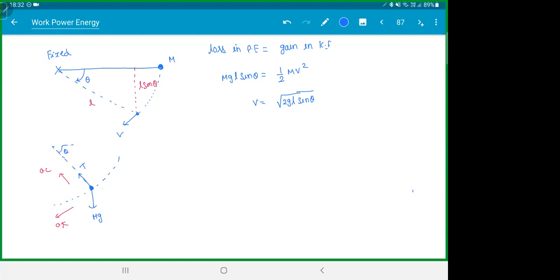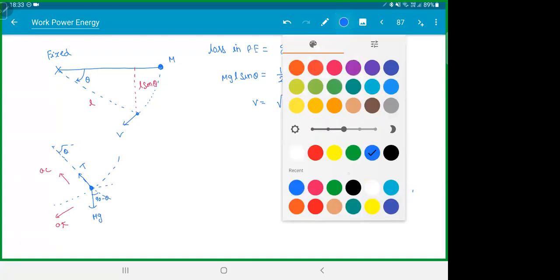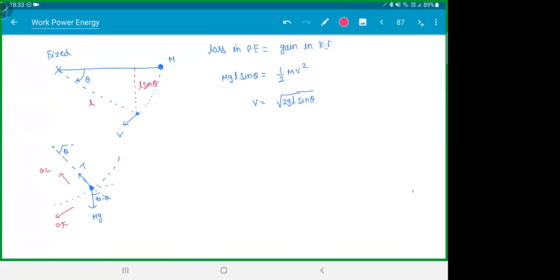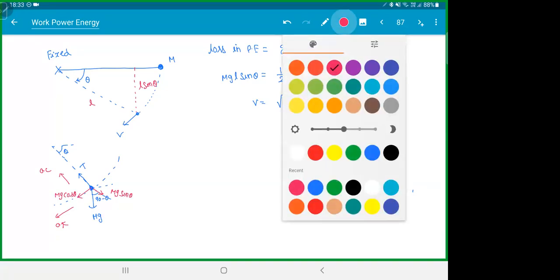If this is theta, this will be 90 minus theta. So this component will be mg sin theta, mg cos 90 minus theta, and this component will be mg cos theta. I hope the components are clear.